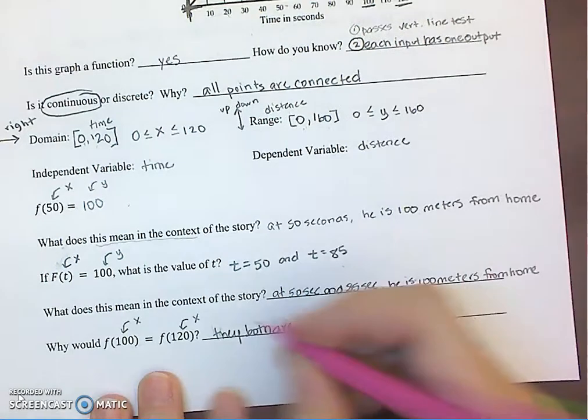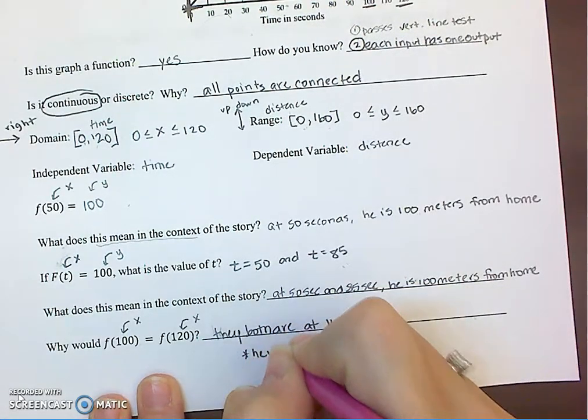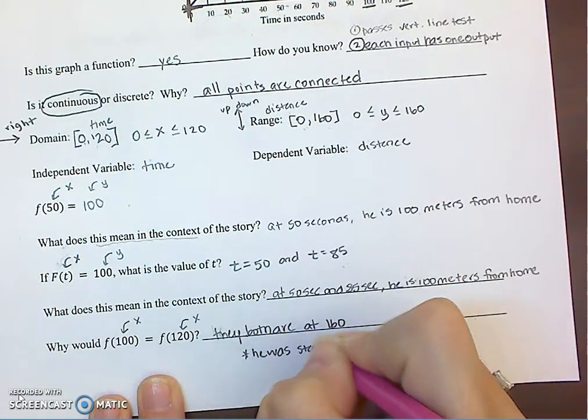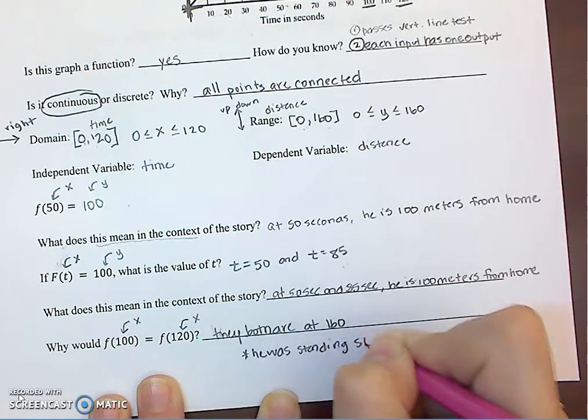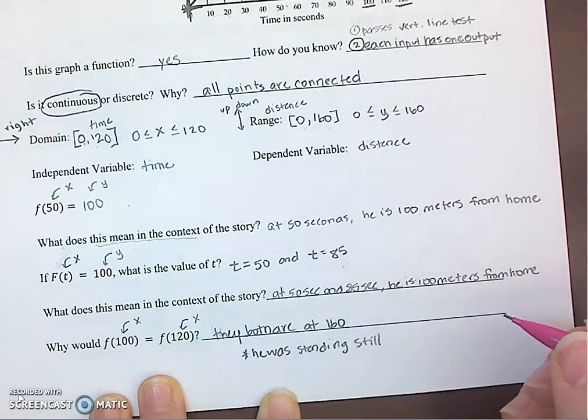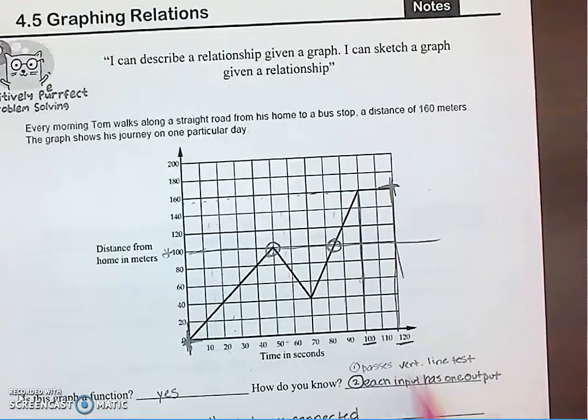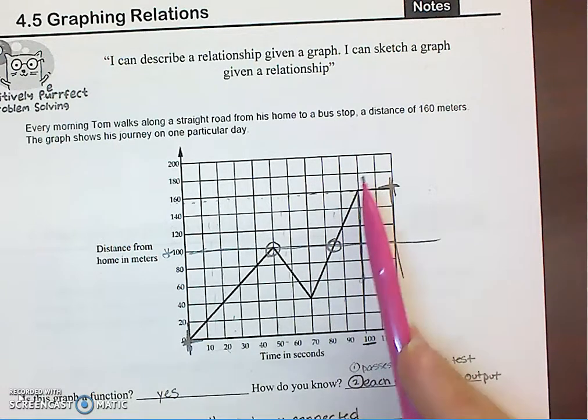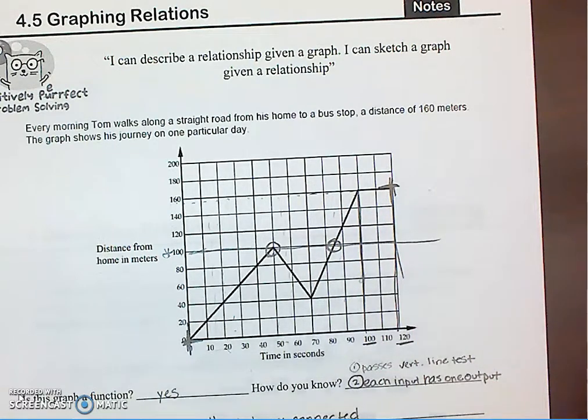It just means that he was probably standing still. When you're standing still and time goes by, your distance doesn't change, right? This is saying, look, at 100 seconds he's at 160, then at 110 he's at 160, so at 120 he's at 160. So as time is moving forward, his distance is not changing. So he's probably standing still.